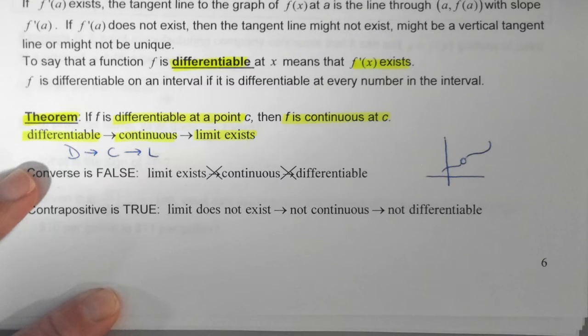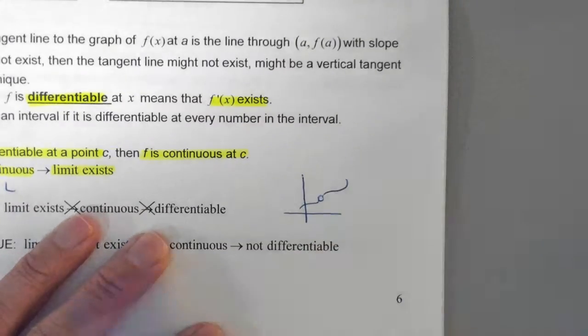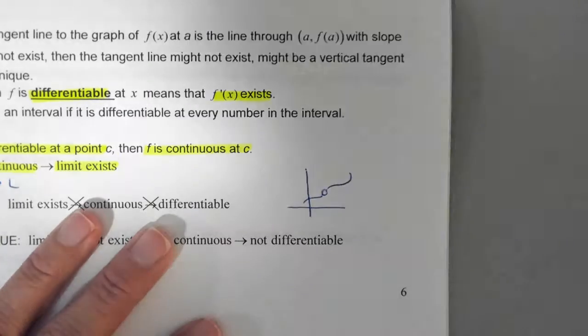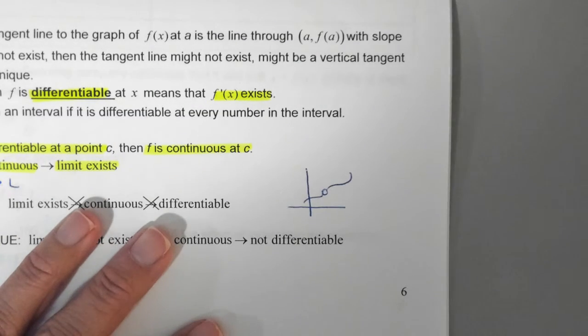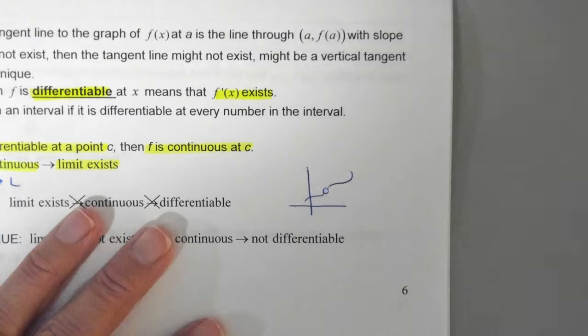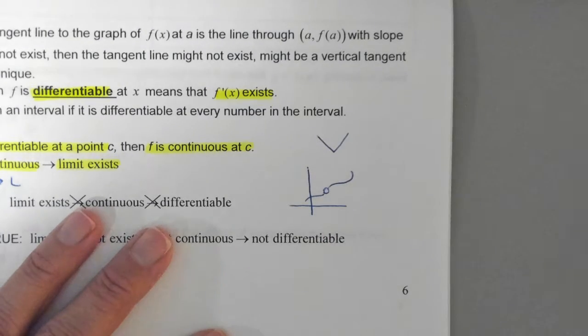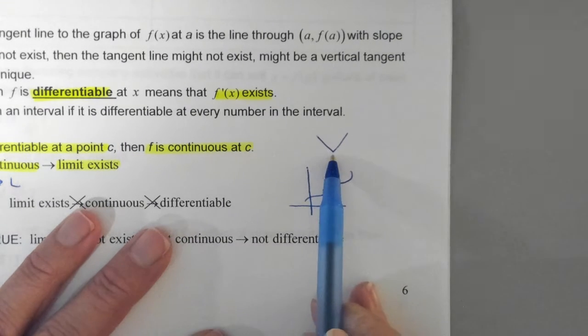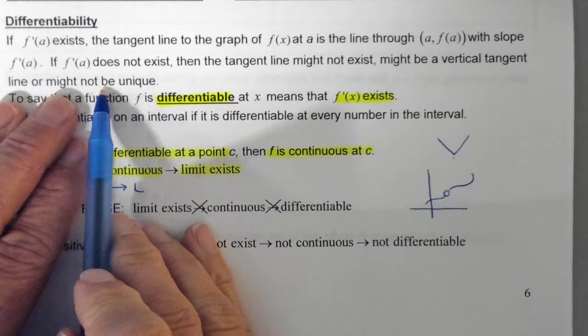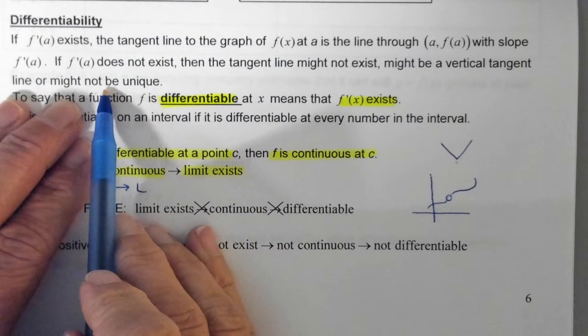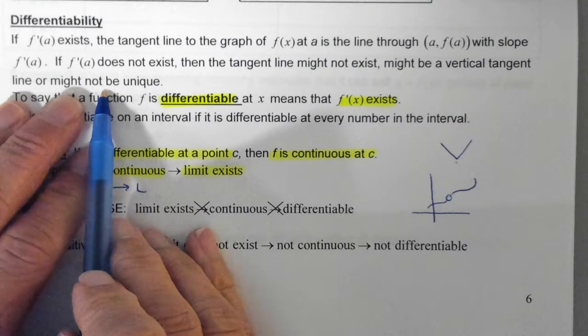Well, think about the absolute value graph. There are a multitude. If I sketch that graph, forgetting about the limit and the point and whatever, did I pick up my pen? No. So ideally, if I'm sketching the graph, it is continuous. However, right here, this statement says that the slope may not be unique.